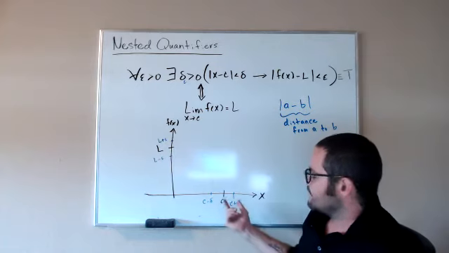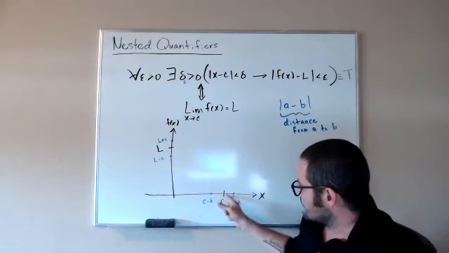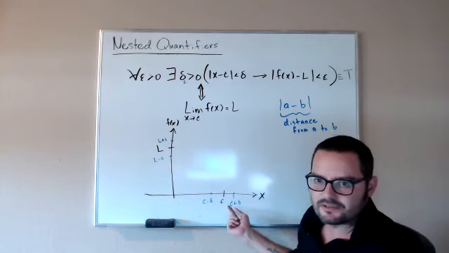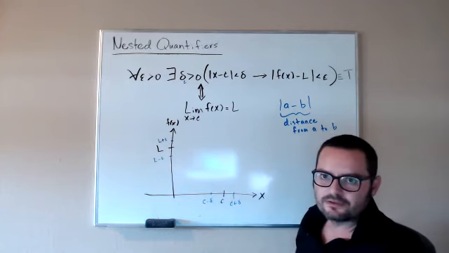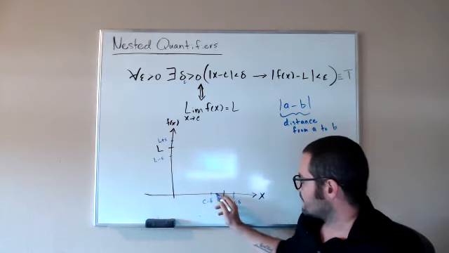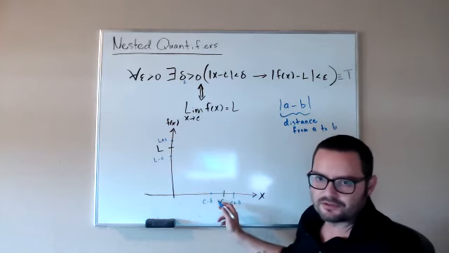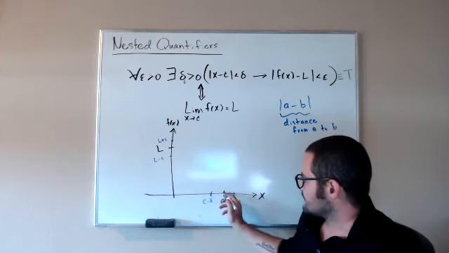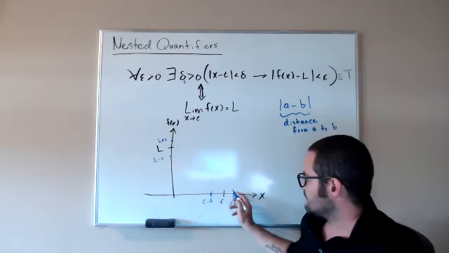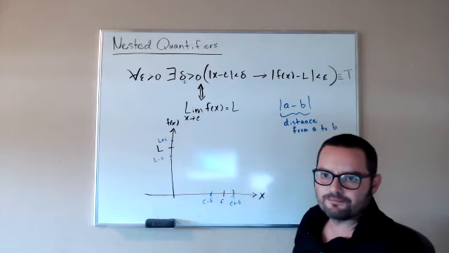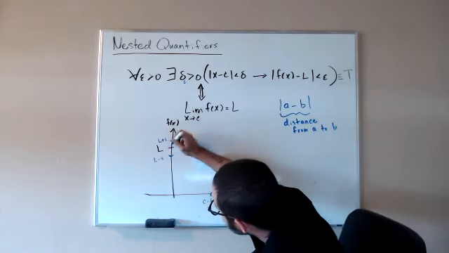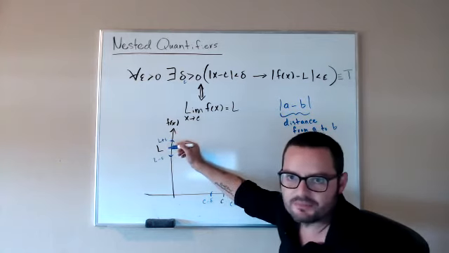You agree with me that if you're in that interval anywhere, you're within distance delta to c, correct? If I pick a point right there, you're within delta to c, because it's delta distance that way and delta distance that way. And in here, if I pick any point, it's going to lie within epsilon of L.